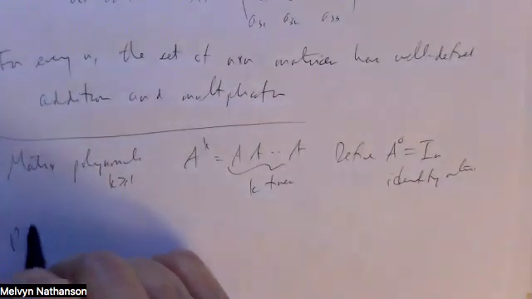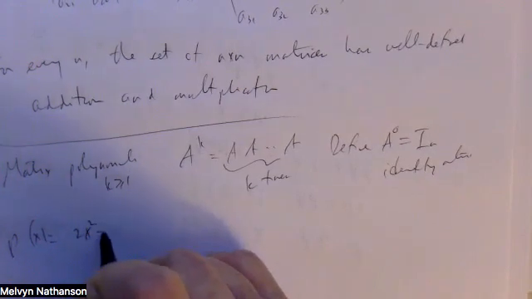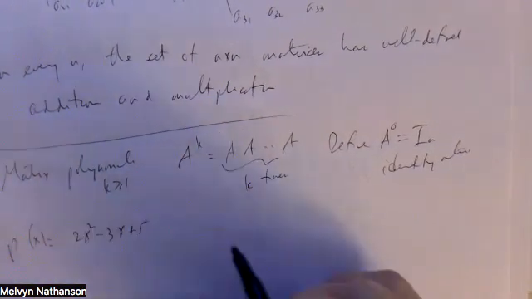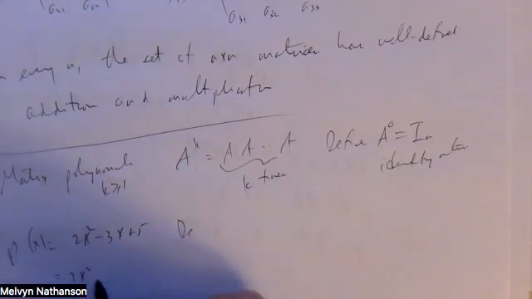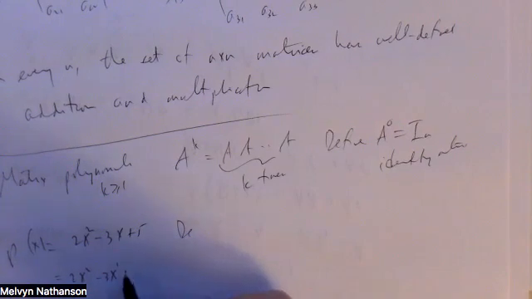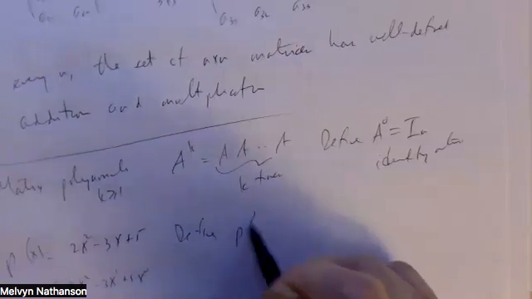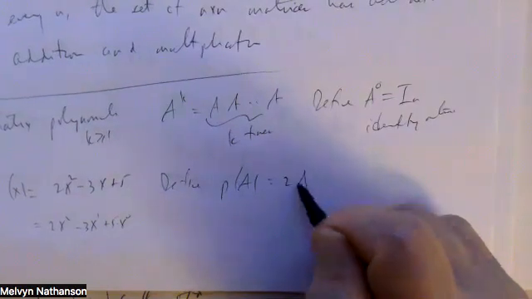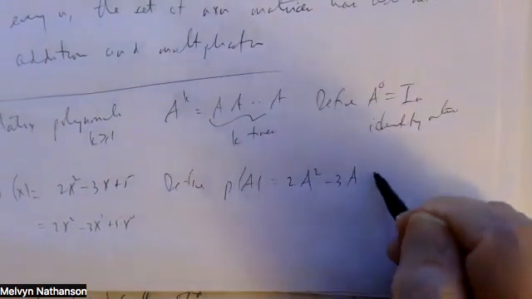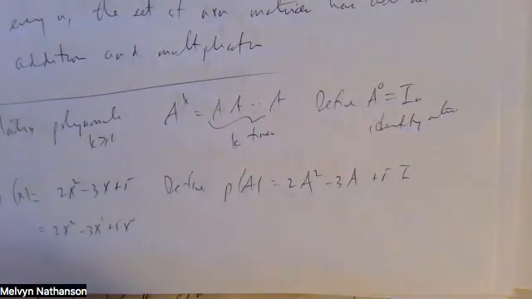So if you have a polynomial like p of x equals 2x squared minus 3x plus 5, we can also think of this as 2x squared minus 3x to the first power plus 5 times x to the 0. We can define the polynomial evaluated at A as 2 times A squared minus 3 times A plus 5 times the identity. You're substituting A for x.